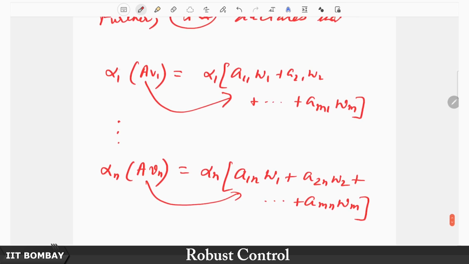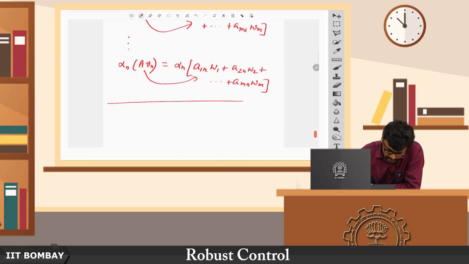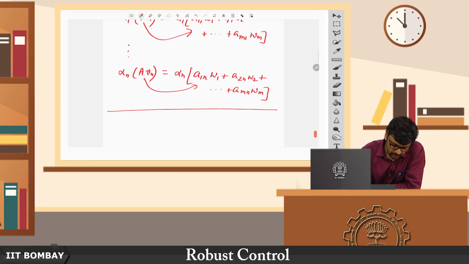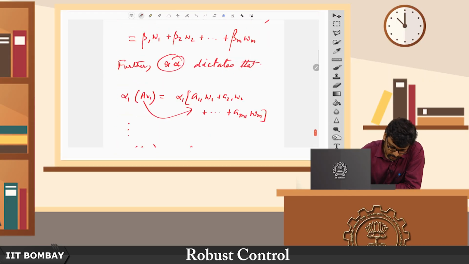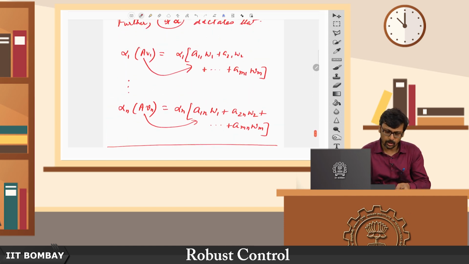So, remember there are n such lines. So, adding all of these together on both sides, on the left hand side what do I have? I have summation beta i Wi, i going from 1 through m.